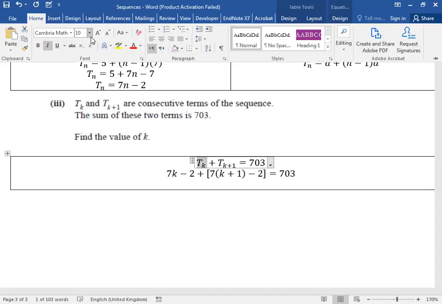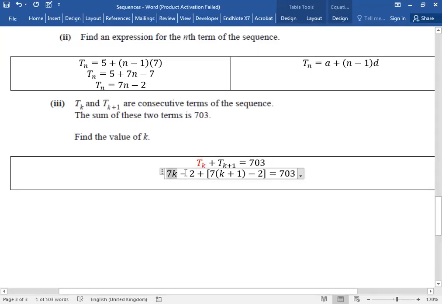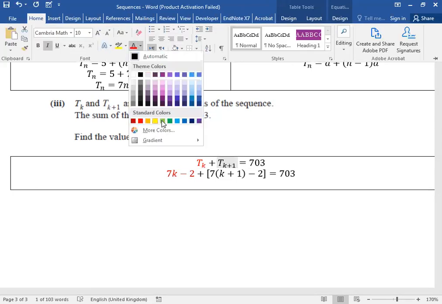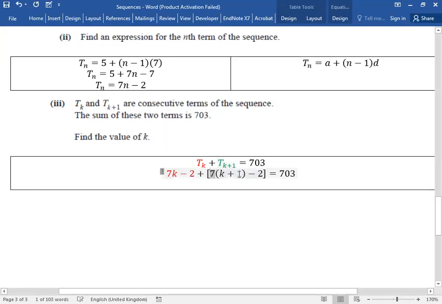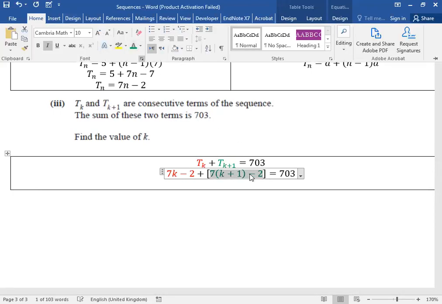What do you write in place of the kth term? If I asked you the fifth term, you would write 5 in place of n. And if I asked the (k plus 1)th term, you just write k plus 1 in place of n.